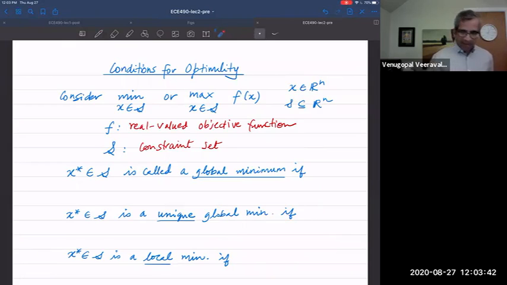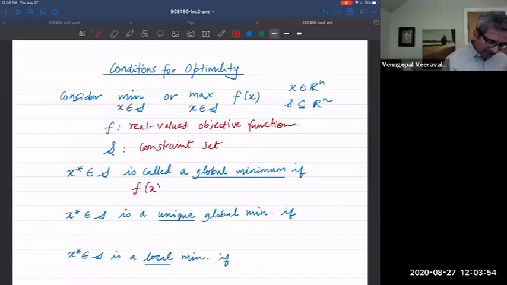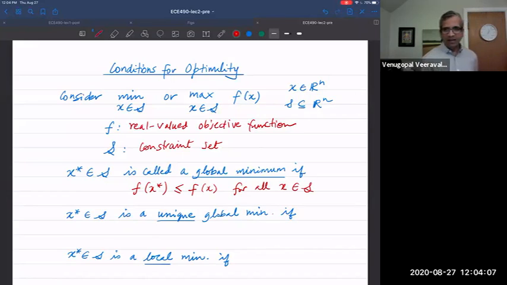Now on that constraint set, x star is said to be a global minimum if f at x star is less than or equal to f of x for all x belonging to S. Obvious definition, right? A global minimum is smaller than or equal to any other value that f can take.